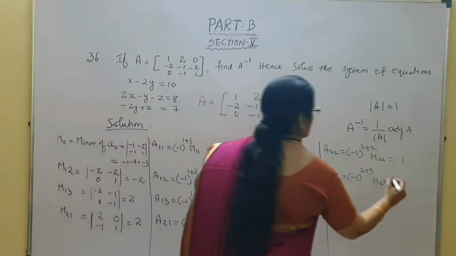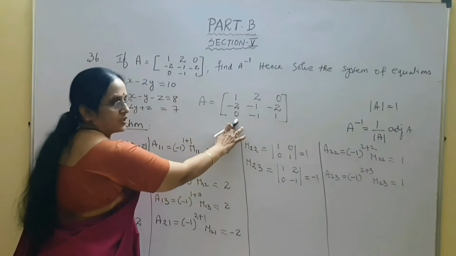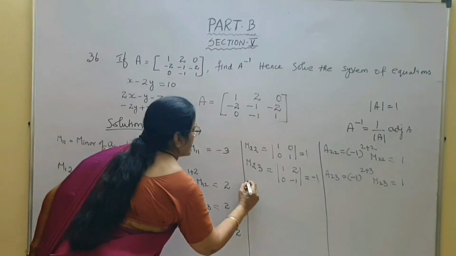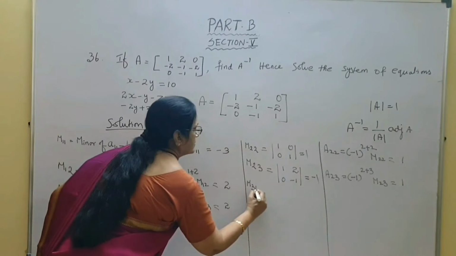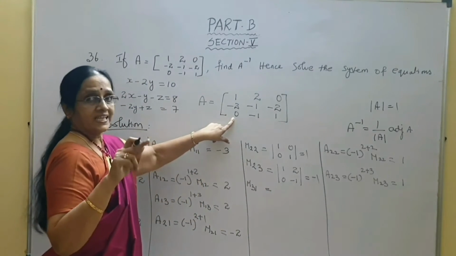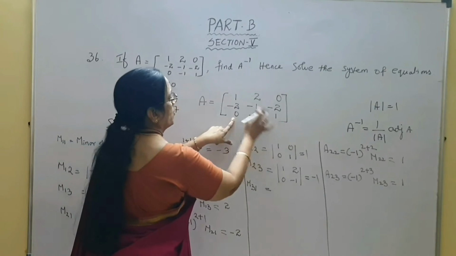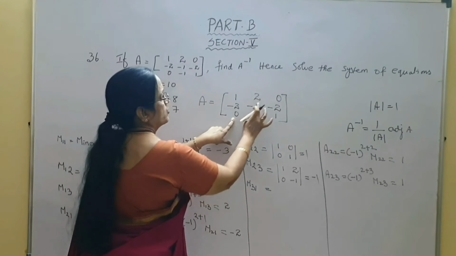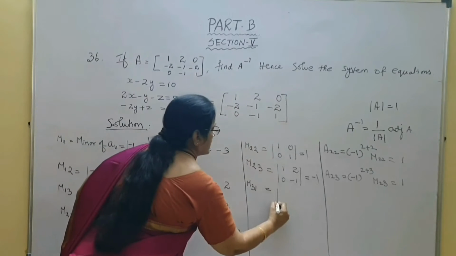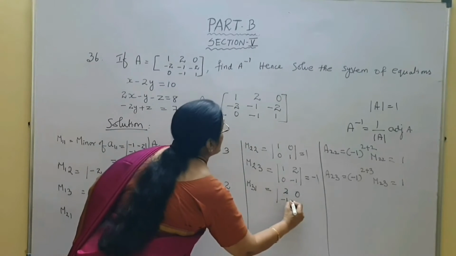Now, coming to third row, that is M31, which is minor of the element small a31, which is 0 over here. So leaving the third row and the first column, you will be left with determinant 2, 0, minus 1, minus 2.